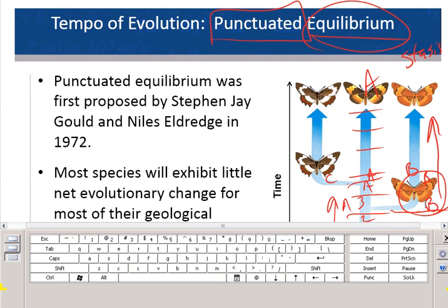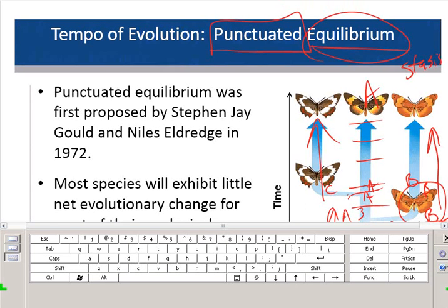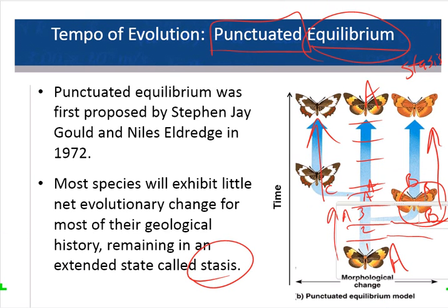And as a result, we now have a status quo, a stasis situation for that species. All right, so that's the idea of punctuated equilibrium: staying the same for long periods of time, punctuated by geologically rapid speciation.